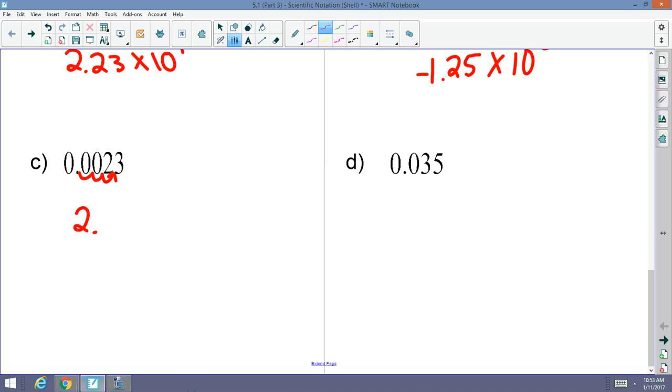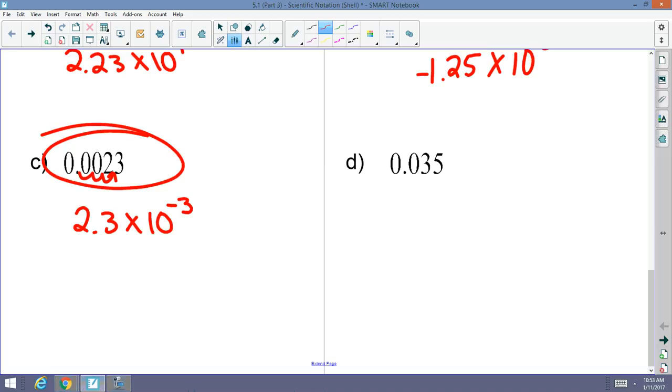I'm going to go 2.3 times 10 to the negative 3, not because I moved to the right, but because the original number was between 0 and 1. So when the original number is a decimal, I'm using negative exponents, period, always. Forget the silly left or right thing. If the original number is larger than 1, positive exponents. The original number is a decimal value, less than 1, negative exponents.